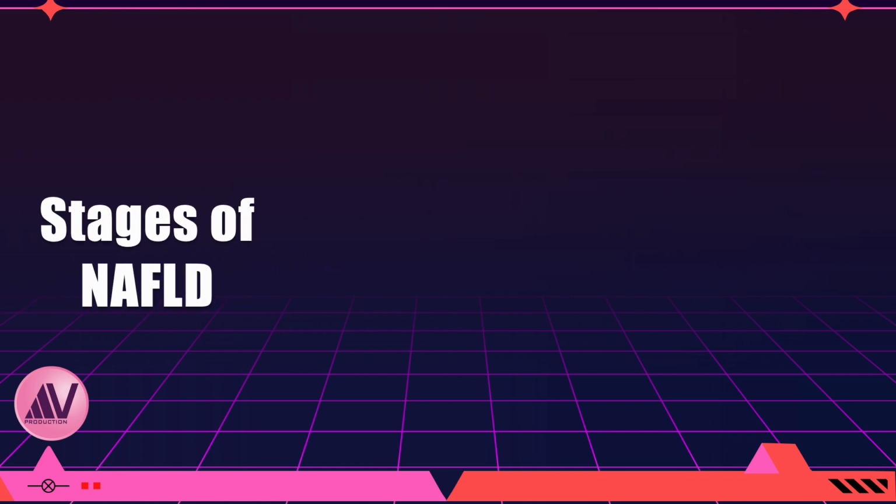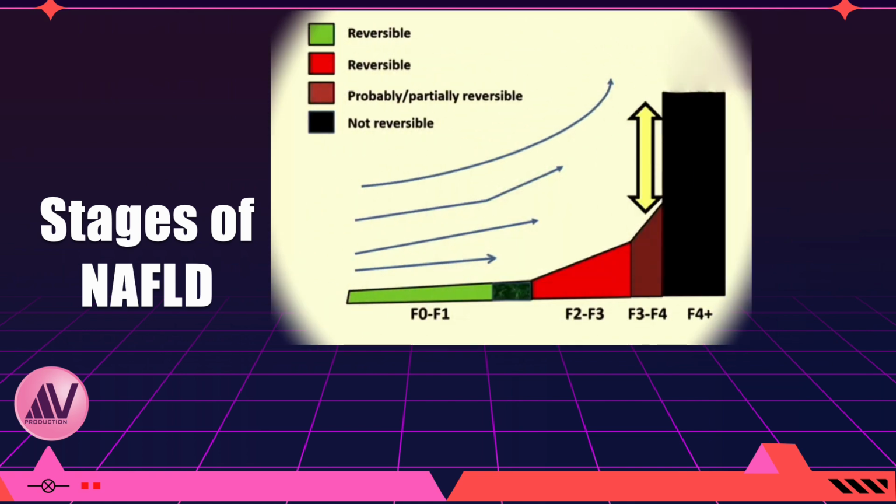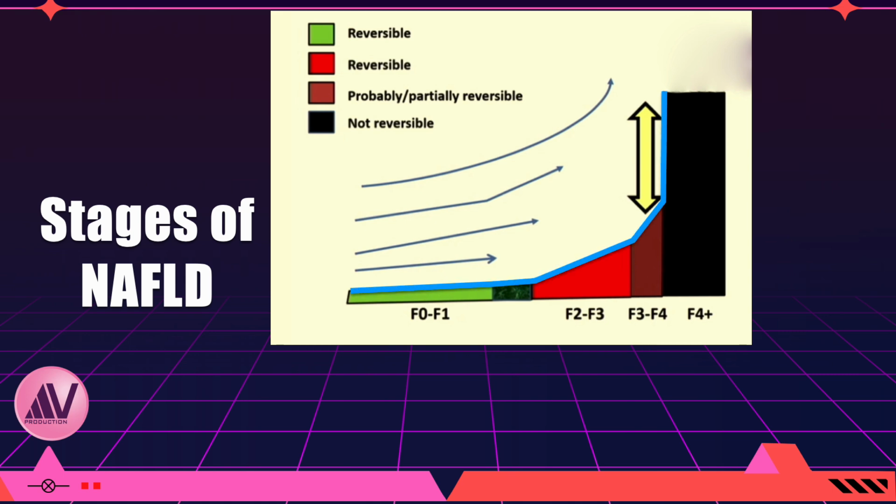Before initiating treatment discussions, it is crucial to assess the extent of liver fibrosis. Liver fibrosis is categorized into distinct stages based on the proportion of liver tissue replaced by fibrous tissue. These stages range from F0, indicating no fibrosis, to F4, characterized by extensive fibrosis.